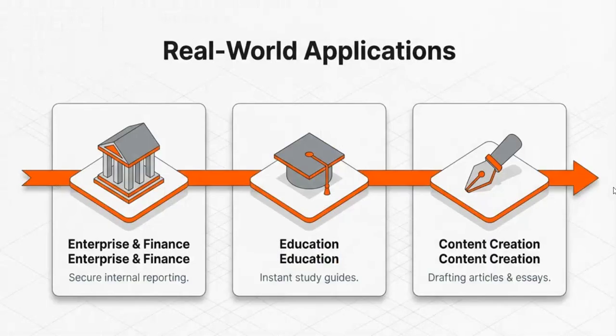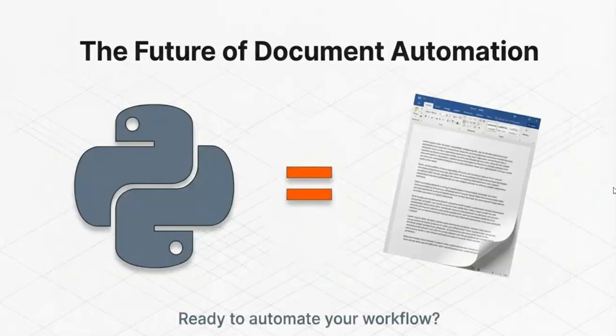Now there are many places where we can use this project in the real world, such as finance, where we can get particular documents and make tables on particular data received from banks, etc. And we can also use it in education and content creation for multiple purposes. So this could also be a stepping stone to the future of document automation.